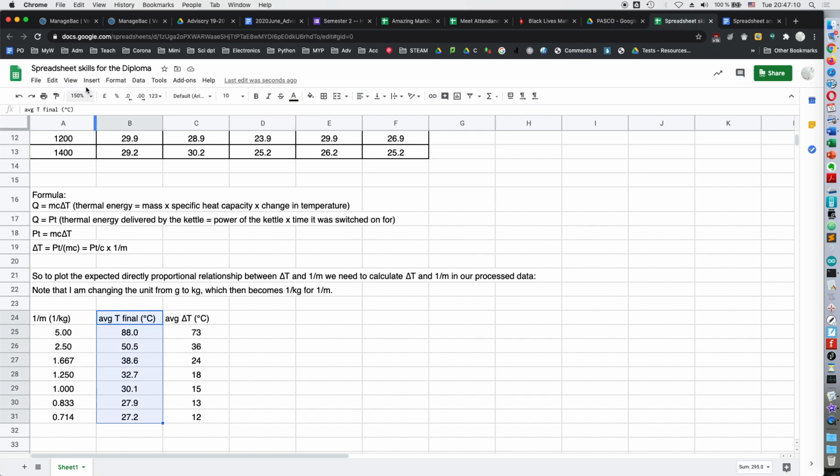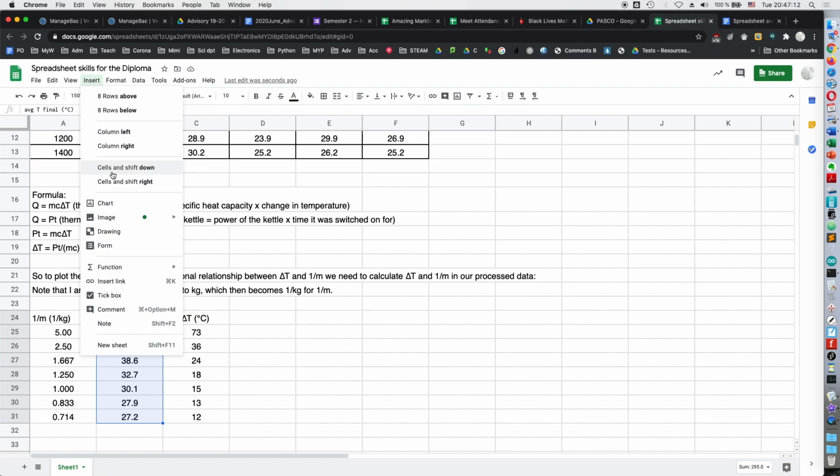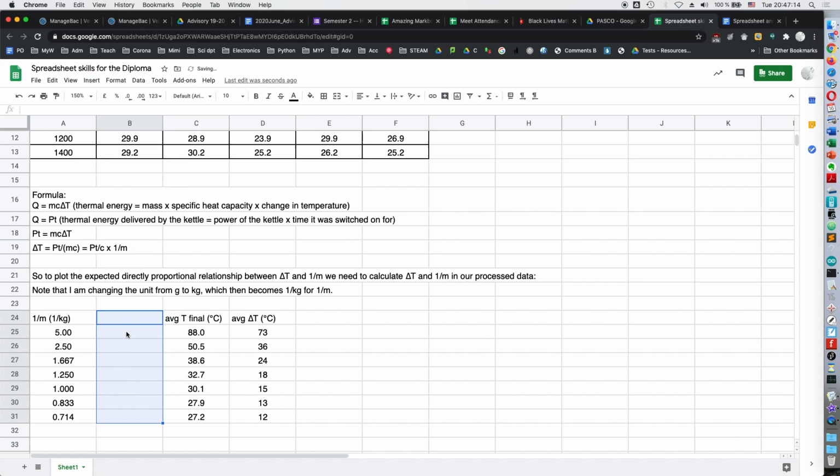Now we come to the uncertainties. For this, you want here to have the uncertainties in, and delta, confusingly, is used both for the uncertainty and for the change in. So delta of 1 over m, in 1 over kilograms, is the uncertainty in this.